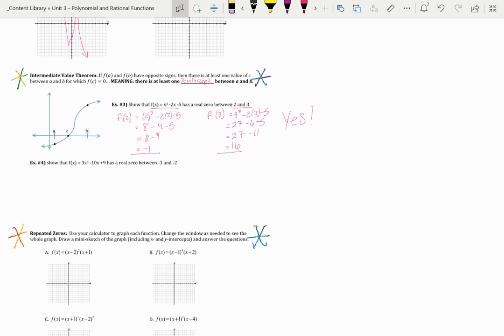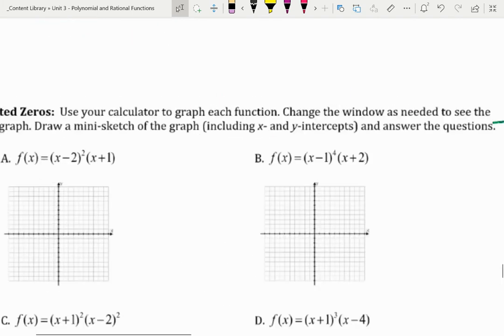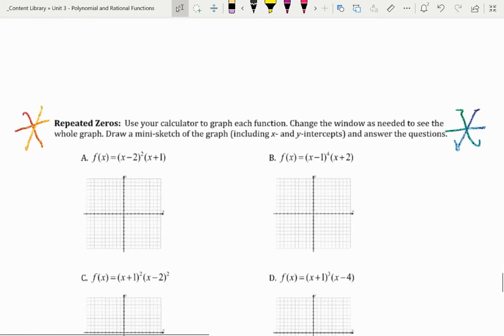You guys do the next one, and then I will put the answers up here. I do want you to know that there are repeated zeros right here. So just like here, how it has x minus 2 squared, that means something happens there twice, okay?